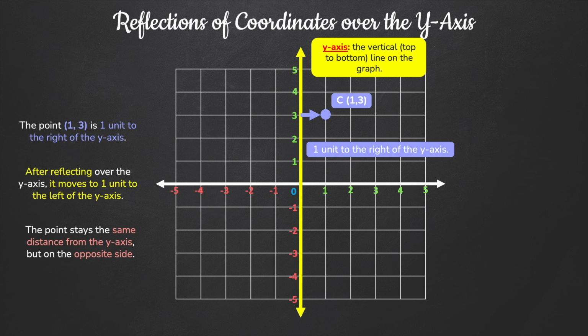The point stays the same distance from the y-axis, but is now on the opposite side. So 1 unit to the left of the y-axis from this point is going to be at -1, 3. So C was at 1, 3, and then when we reflected it over the y-axis, it became -1, 3, and that would be C prime.